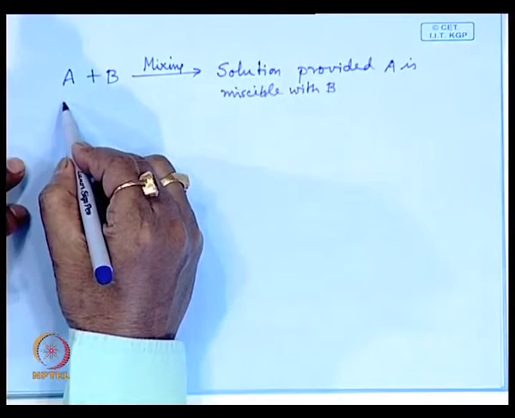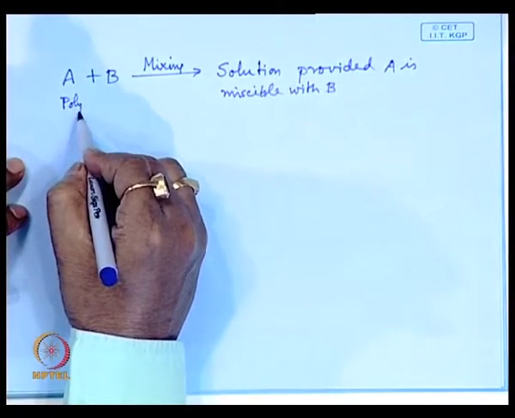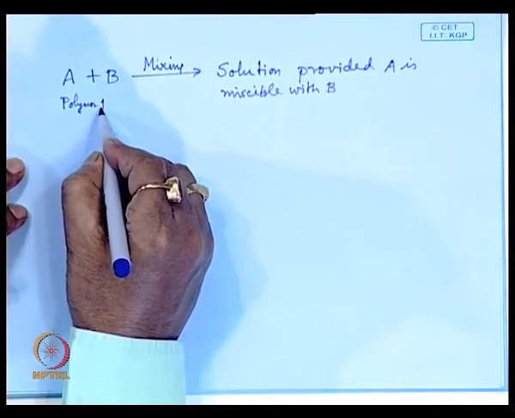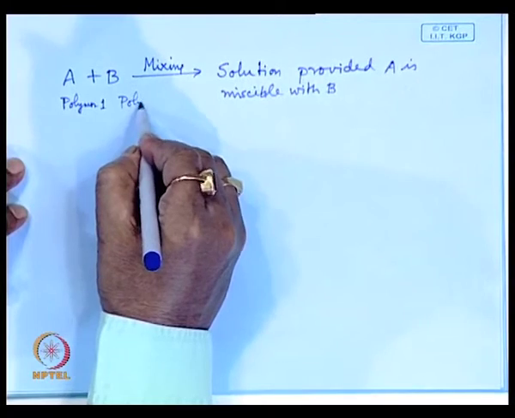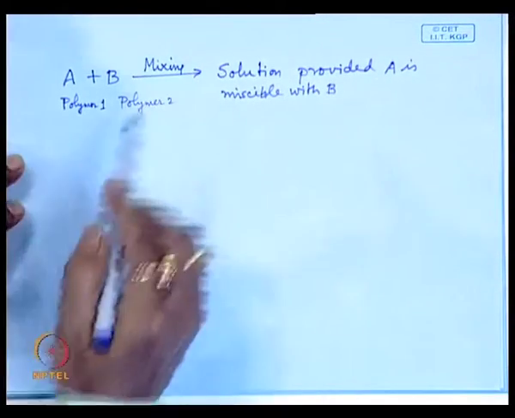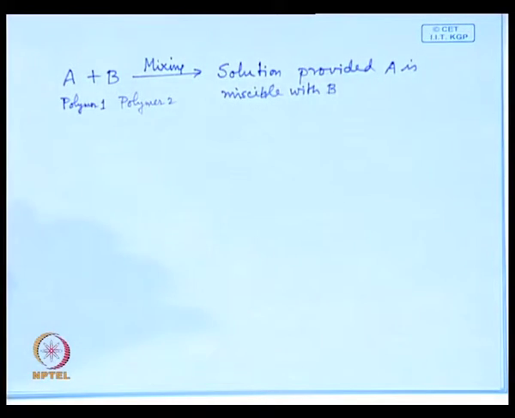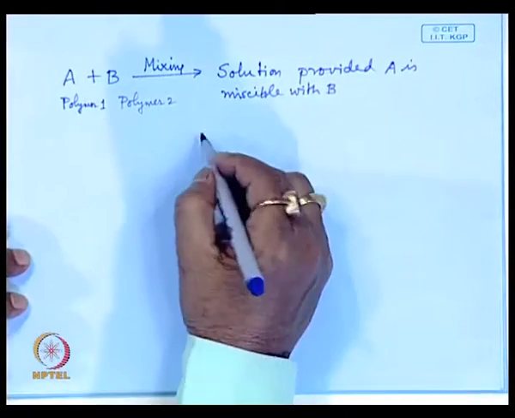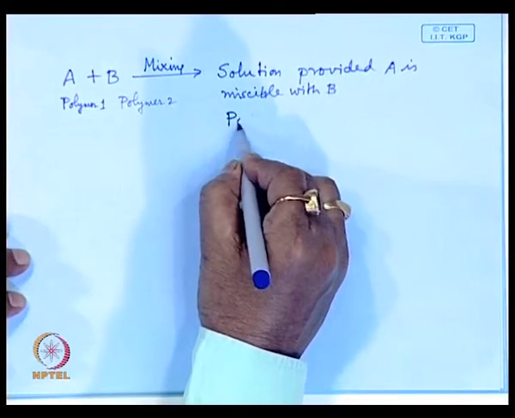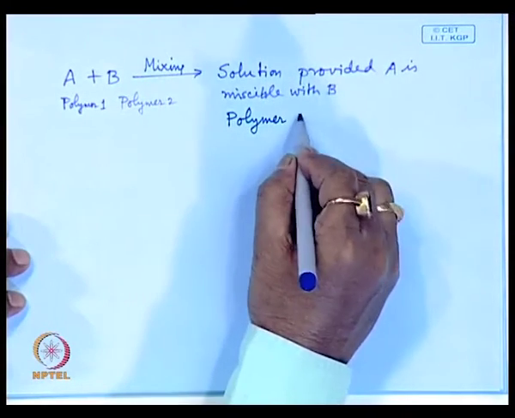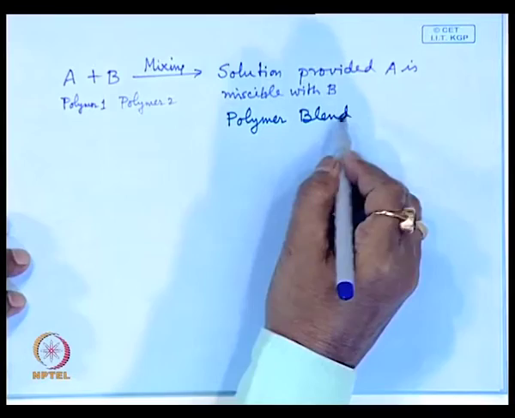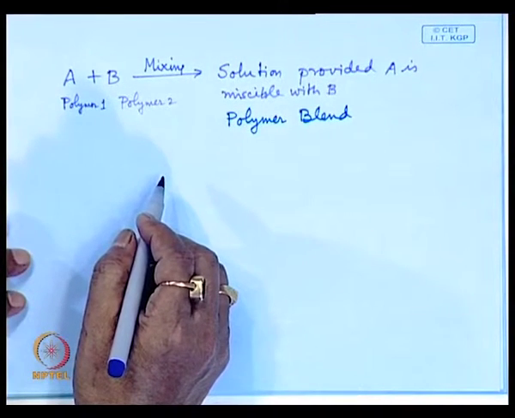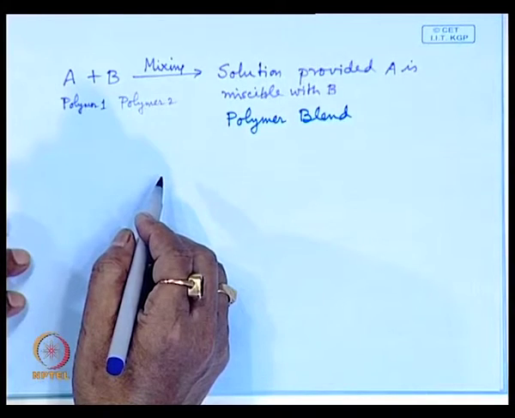Now, if you take A as a polymer 1, B as a polymer 2, then you can get a polymer blend of polymer 1 and polymer 2, provided they are miscible.